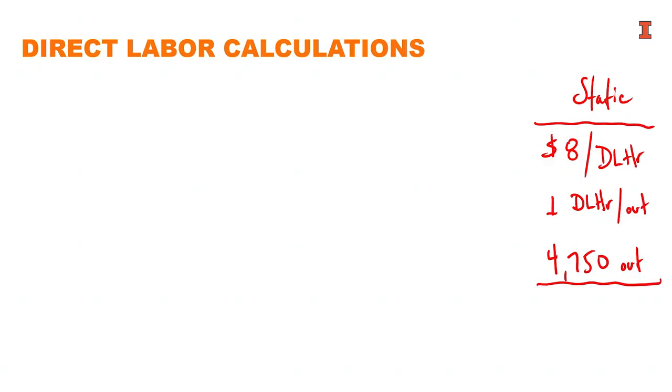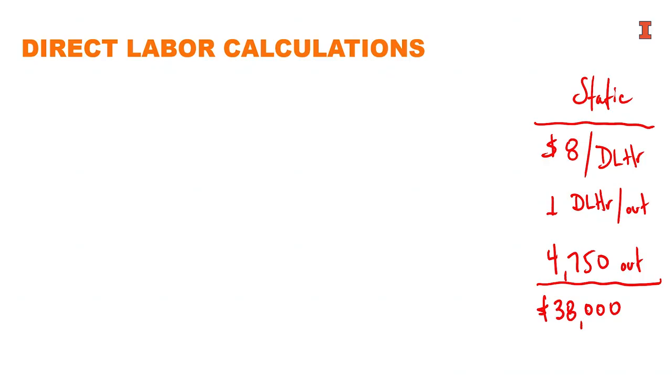You'll notice in the calculations for direct materials that we have the same number in that third component place, the 4,750 units of output. That makes sense because for all variances that are variable costs, we'll be thinking about outputs. And output of production would be the same, regardless of whether we're talking about materials, labor, or variable overhead. But ultimately, for direct labor costs, the $8 per direct labor hour multiplied by 1 direct labor hour per output multiplied by the 4,750 units of output yields a total static budget of $38,000.